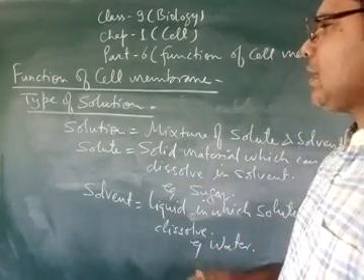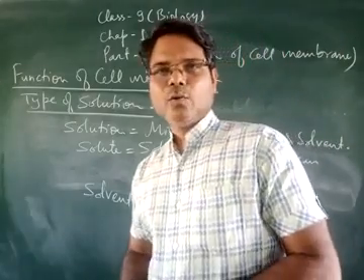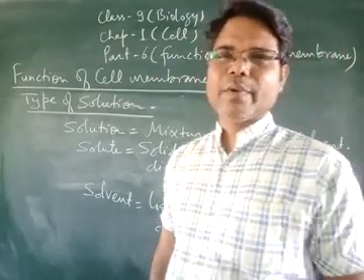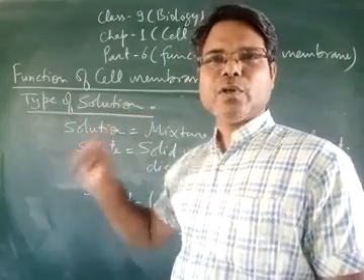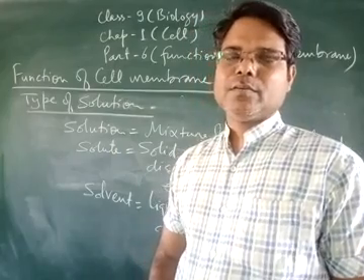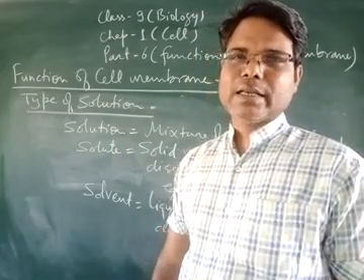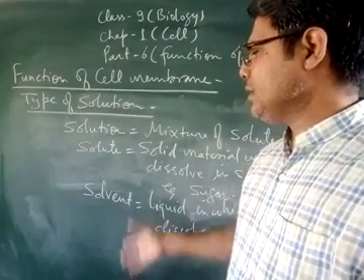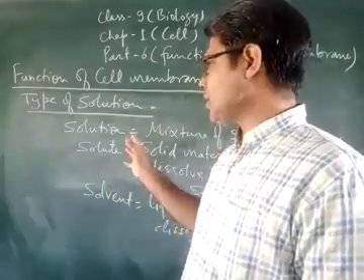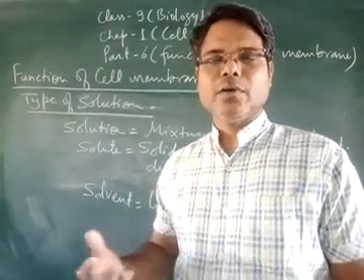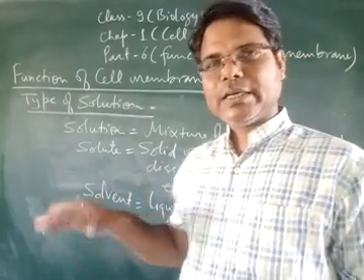So these are included in the function of cell membrane. The topic of the types of solution we will discuss in the next class. Today we are only discussing what is solution and what type of material is present inside the solution.